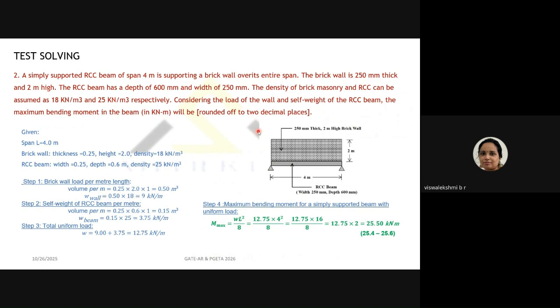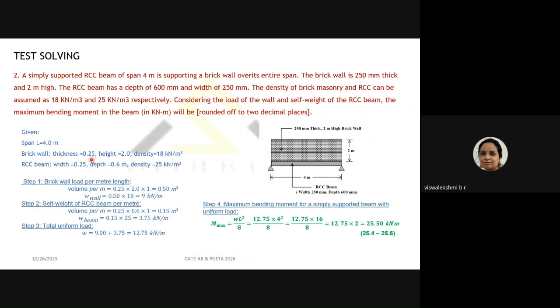Given, we know the span of the beam and the brick wall is 4 meter. First, the brick wall. Brick wall thickness is given as 250 mm and height is 2 meter. First we have to convert this 250 mm into meter.